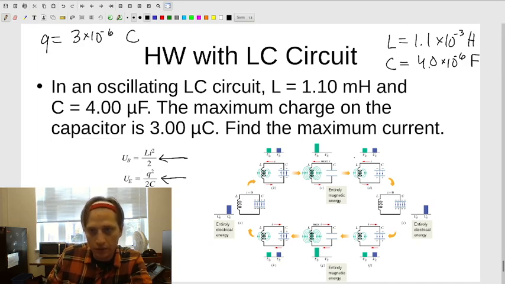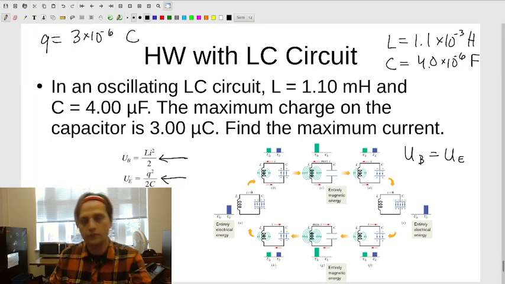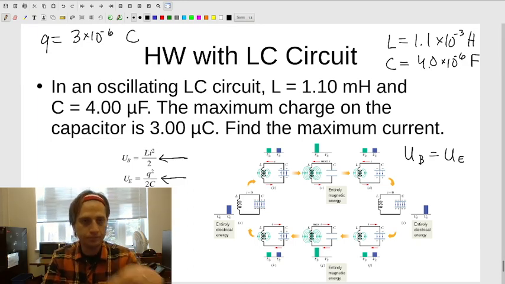So you're going to be able to solve this by saying the amount of energy that's maximal in the electrical energy is going to be the same as the amount of maximal energy in the magnetic domain. So you're going to set those two equal to each other. And you know L, you know C, you know Q, and they are asking you to find I. Okay, so I think you can do that.